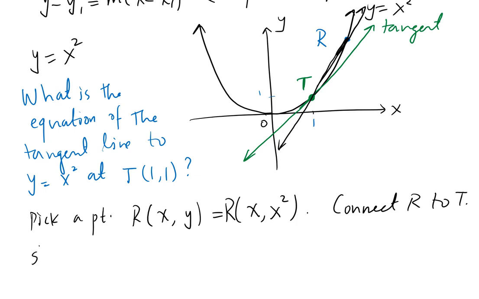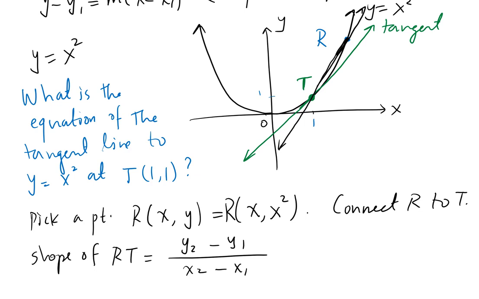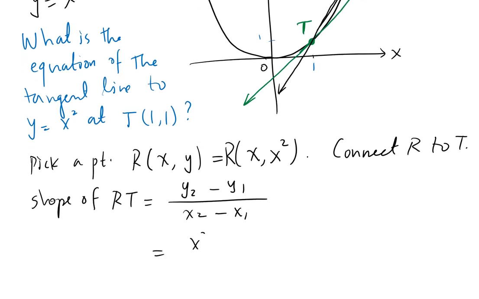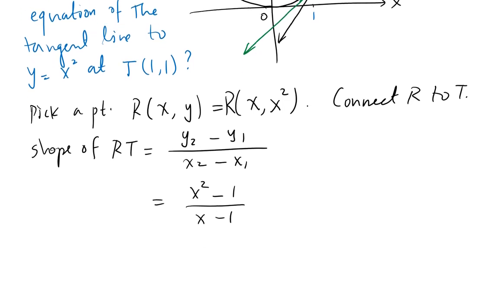So we find the slope of RT, the secant line. How do you find the slope? It's y2 minus y1 over x2 minus x1. y2 is x squared, y1 is 1, so we have x squared minus 1 over x minus 1, which is x plus 1 times x minus 1 over x minus 1. These cancel, so I get x plus 1.